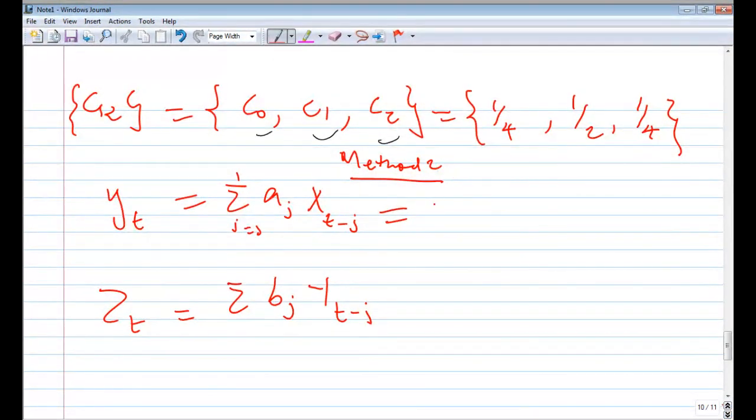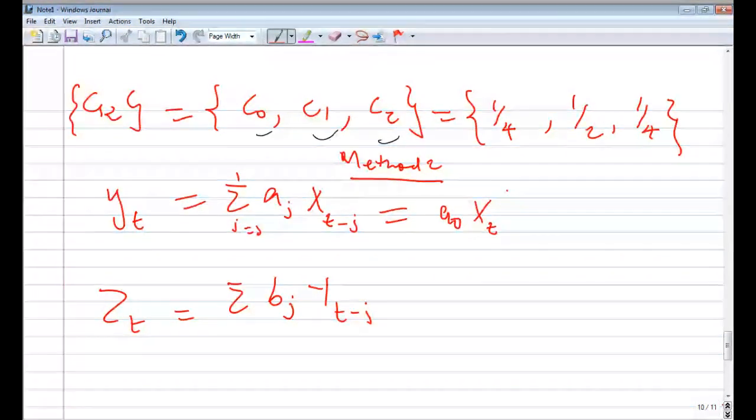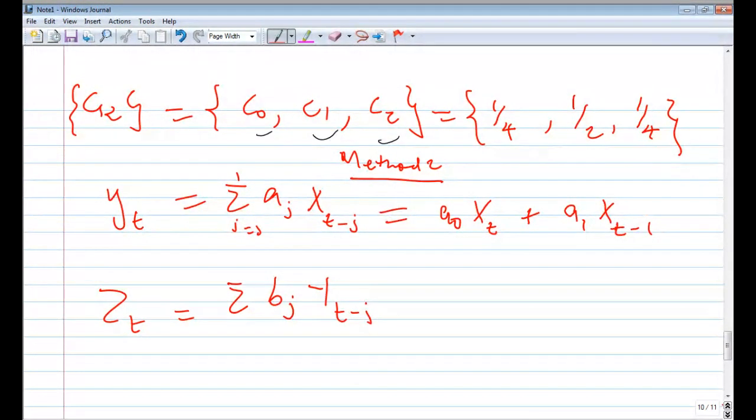So you are going to have A0 Xt, plus, because of the summation, A1 Xt minus 1. Are we together? For formula number 1, this is equivalent to A0, which is a half, isn't it? So you're going to have a half Xt plus A1, which is a half, isn't it?